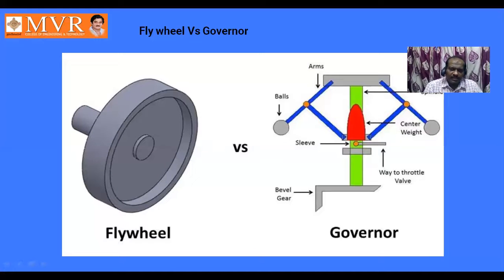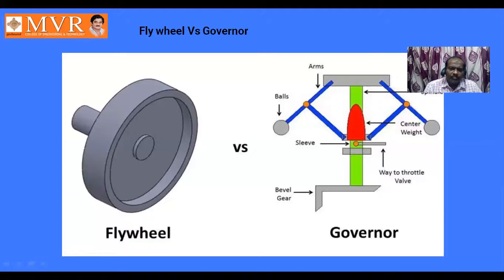Next, to the sleeve we fix arms. You can observe the blue colored arms. Those are in 2 ways. One is fixed to the sleeve, and the other is fixed to the upper part of the governor. Try to understand the construction here.